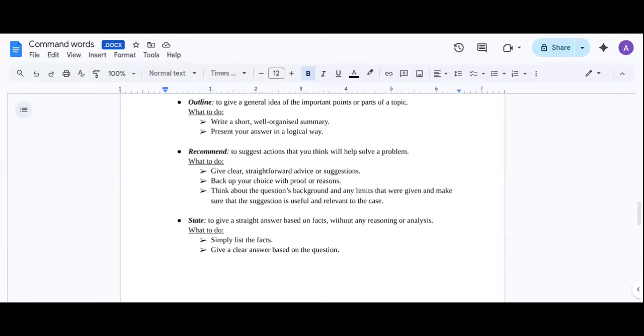Think about the question, background, and any limits that were given, and make sure that the suggestion is useful and relevant to the case. The reason is that we all know what comes after one of those recommend or suggest questions: explain why it is useful, explain why it is effective, explain why it will work.